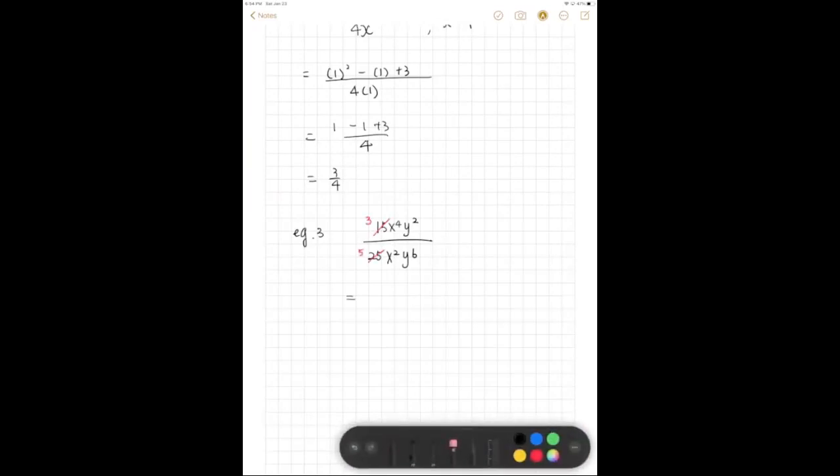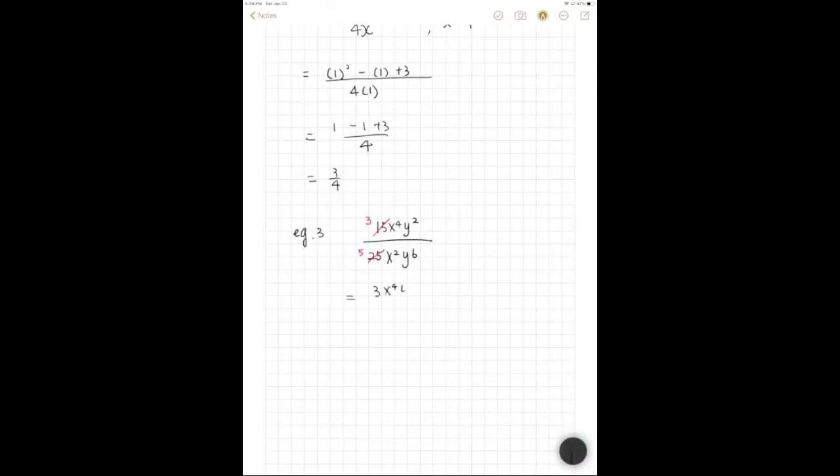So now I reduce to 3x to the 4th y squared over 5 times x squared y to the 6th. Okay, so I can expand this. So x to the 4th means what? You have 4 x's multiplied, right? y squared means you have 2 y's multiplied, and then x squared, y to the 6th power, 6 y's multiplied.